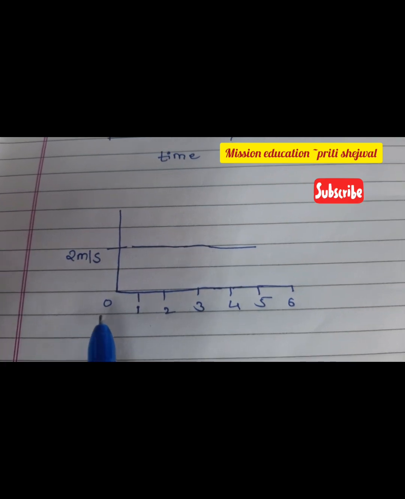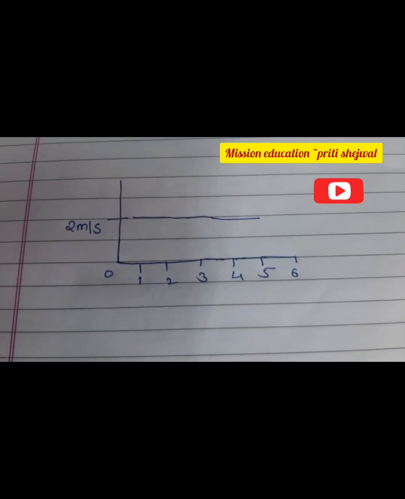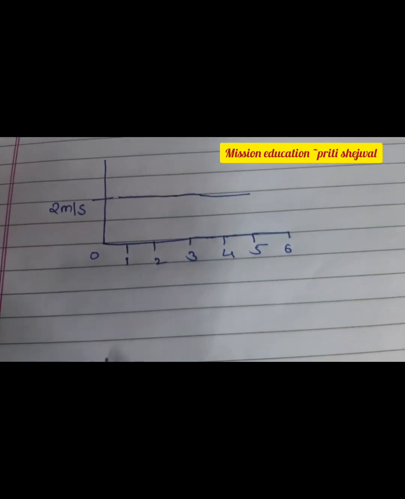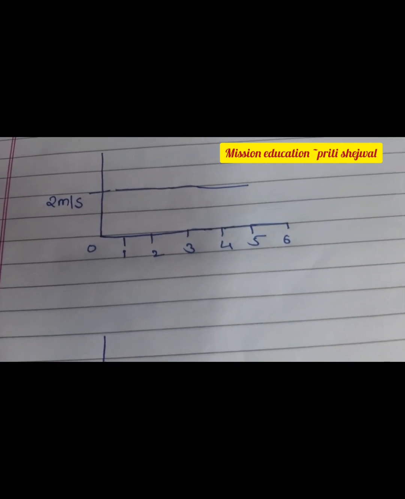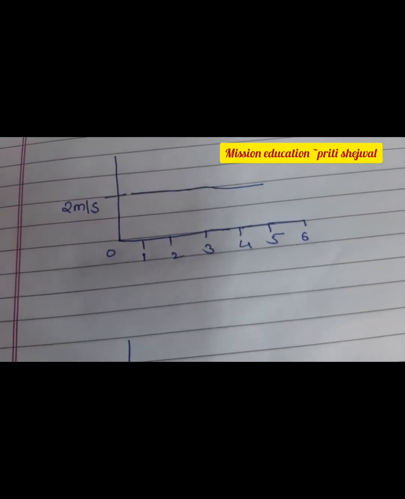Can we find out displacement under a VT graph in uniform motion? Suppose this is the graph. Here 5 meter per second and here 10 meter per second.